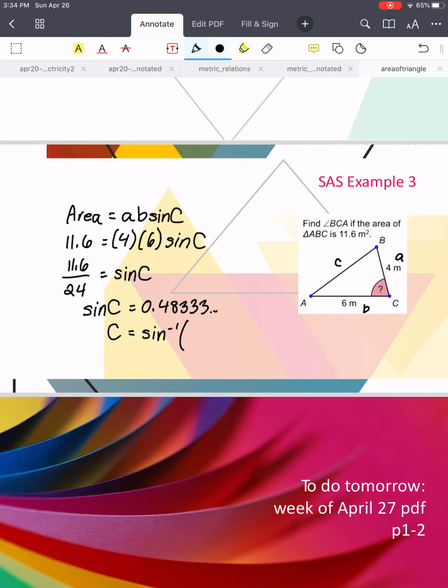So we can just take the inverse sine of that number, 0.48333, and you get that C, plugging that into your calculator, is about 29 degrees. We could also do this if you wanted to solve for a missing side. It's possible for me to give you the area, an angle and a side, and for you to solve for the other side that makes up that angle.